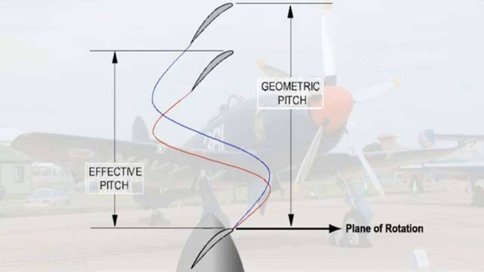The distance which it actually moves forward in each revolution is called the effective pitch, or advance per revolution. The difference between the geometric pitch and the effective pitch is called propeller slip. The helix angle is the angle that the actual path of the propeller makes to the plane of rotation.